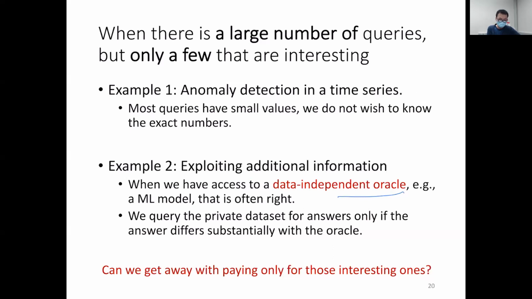If there is a large error, then this answer will be very different from the answer coming from the private data set. The question is, can we get away with paying only for those interesting queries, while essentially paying nothing for those answers where we decide it's not worthwhile getting the exact numbers?